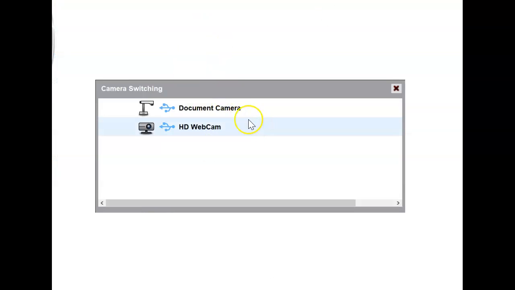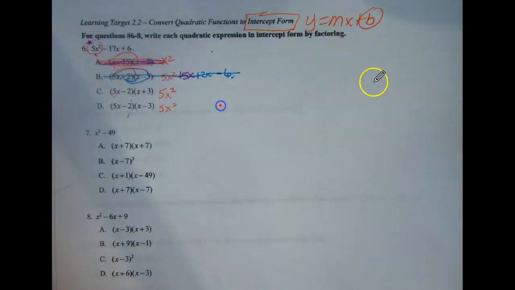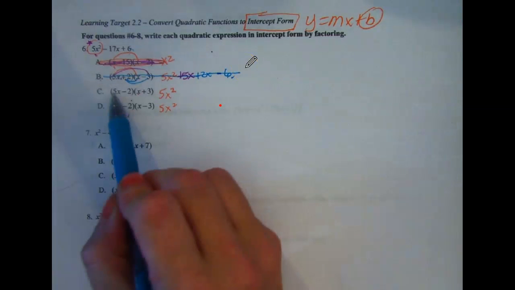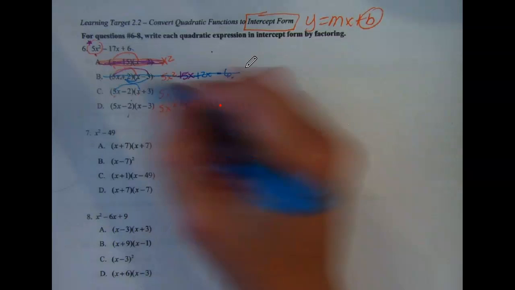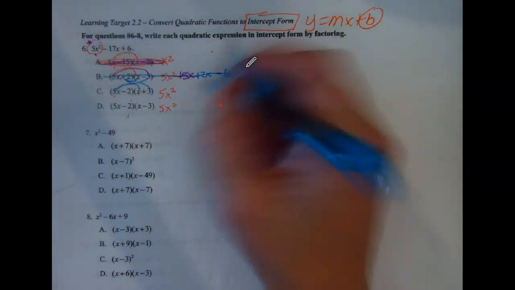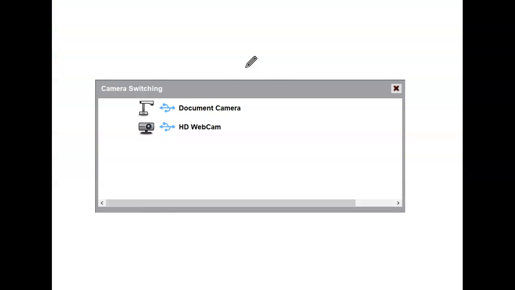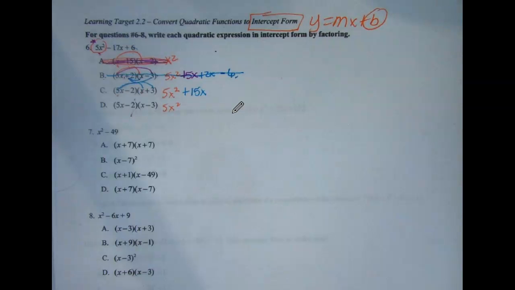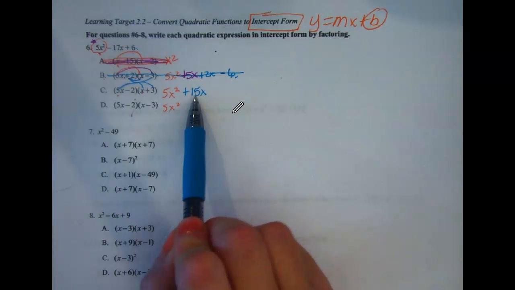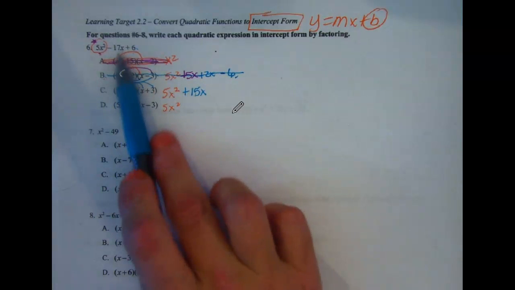Okay, so let's try this one again. So we know it's a 5x squared, and then plus a 15x. So remember, we're looking for a negative in the middle.